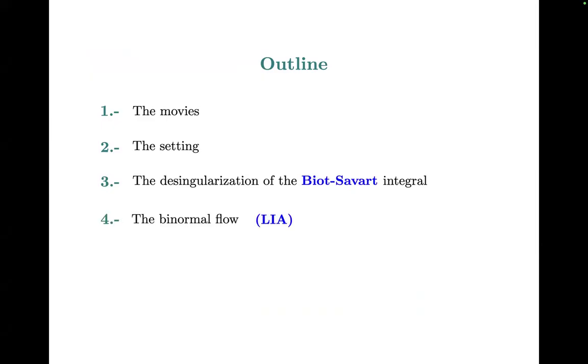Then I will speak about the binormal flow, which is a geometric flow of curves in 3D. And I will speak about some particular solutions, because the connection between the viscous tubes or viscous vortex filaments and the binormal flow is through some change of coordinates that somebody has to tell you exists.